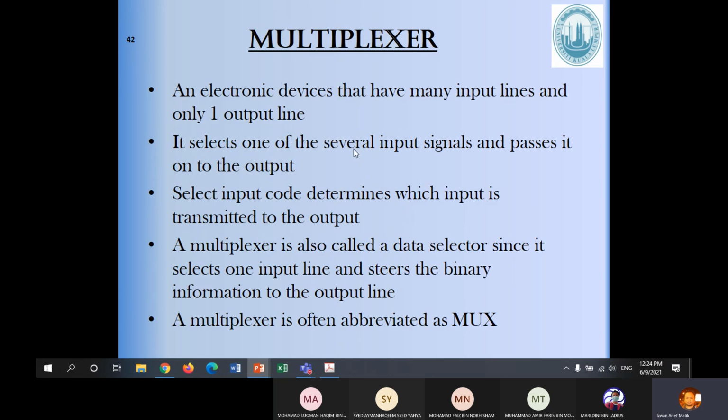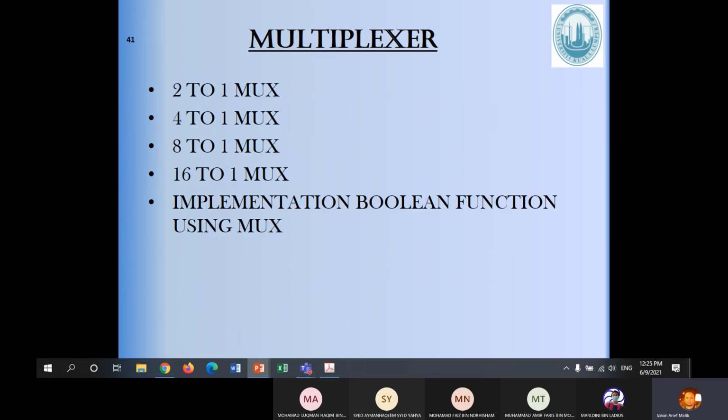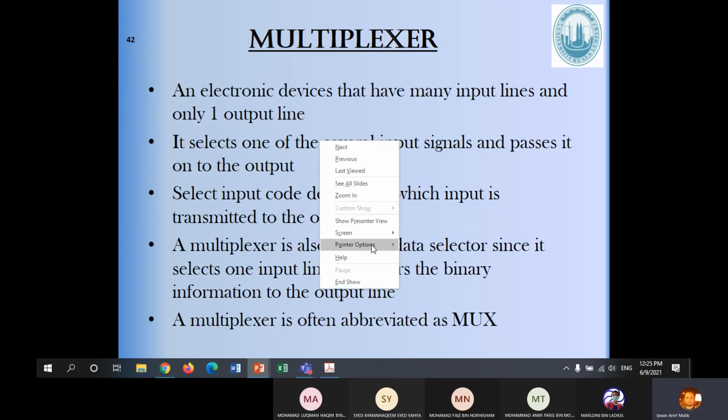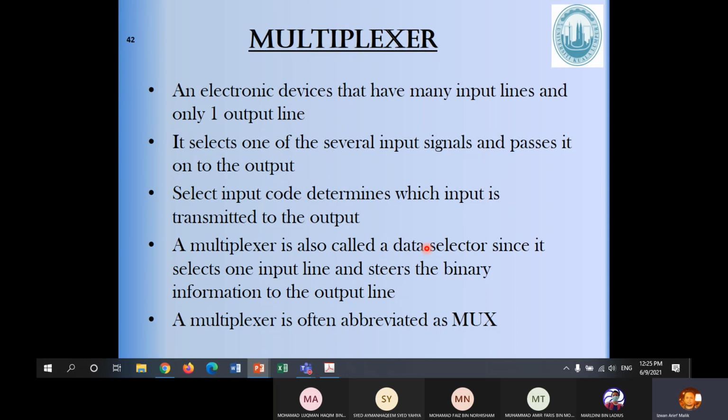So what is a multiplexer? It is an electronic device that has many input lines and only one output line. If we look at the names, all of them are to 1: 2 to 1, 4 to 1, 8 to 1. So it is different compared to decoder and encoder, which depend on 2 to the power of n.